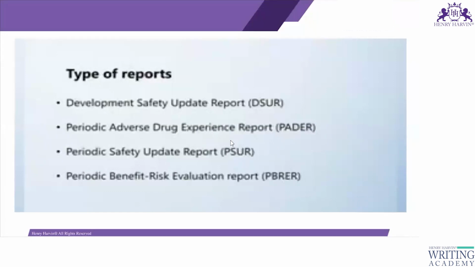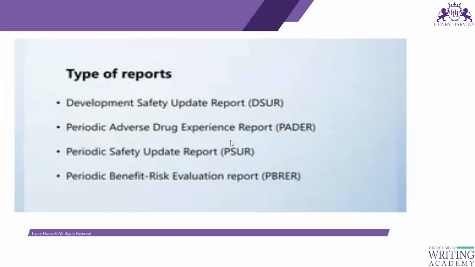The types of reports are the development safety update report, DSUR, the periodic adverse drug experience report, PADER, which is submitted in the US, and the periodic safety update report, PSUR.